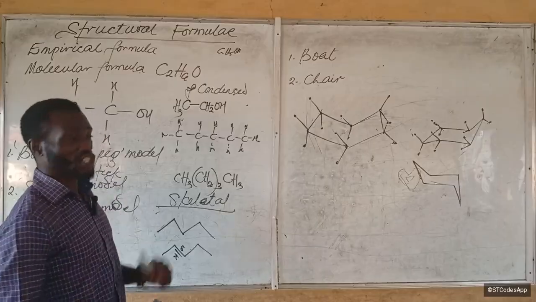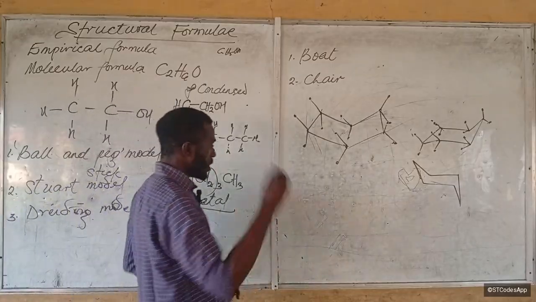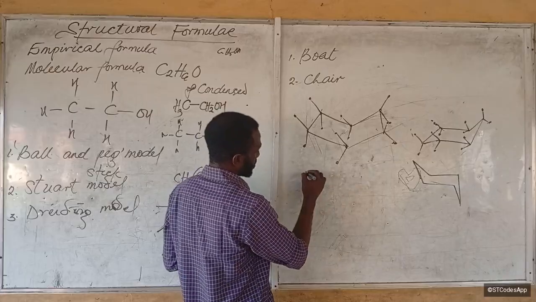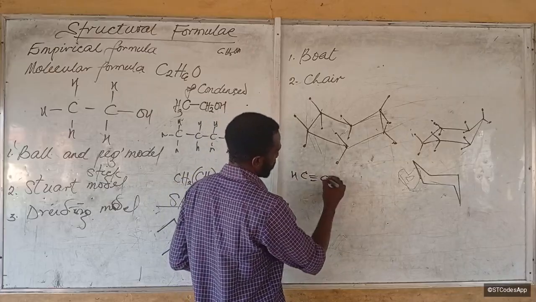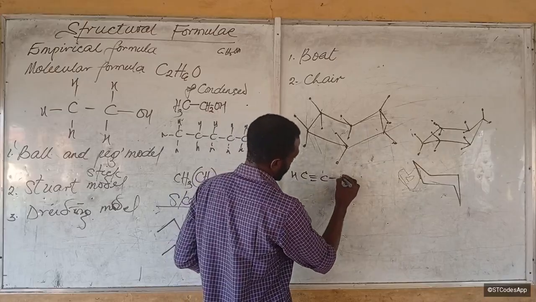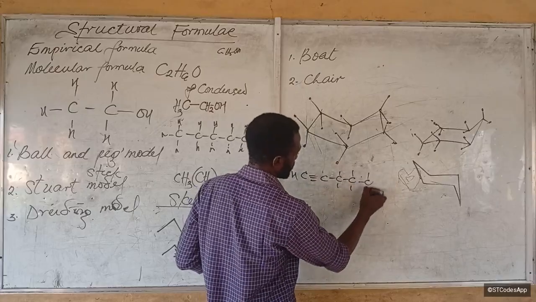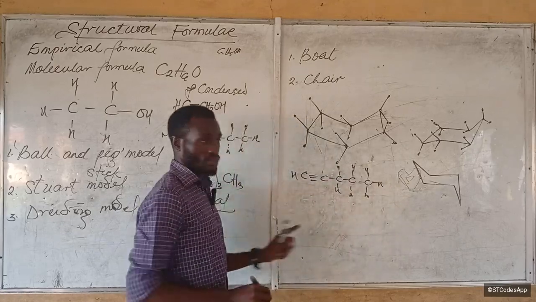But if you want to draw the triple bond, it's different. Let's say I wanted to draw pentyne. It's going to look like this. Watch. Now you know that pentyne is this: 1, 2, 3, 4, 5. This is pentyne, okay?